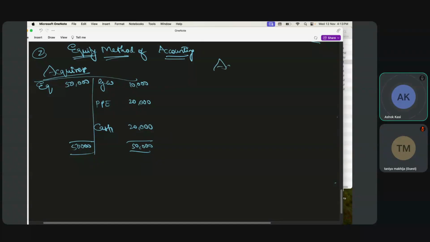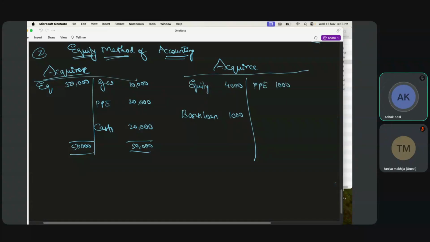Then acquiree: equity 4,000, bank loan 1,000, PPE 1,000, inventory 1,000, cash 3,000.